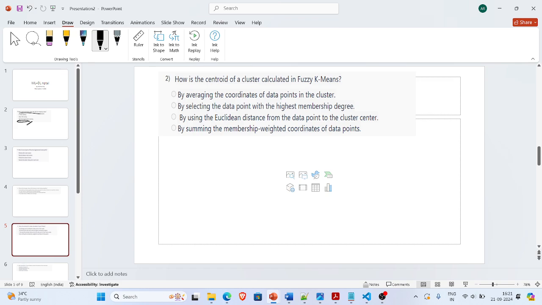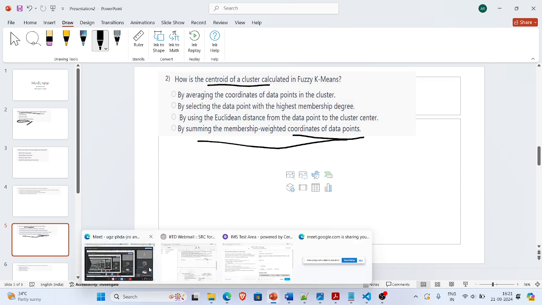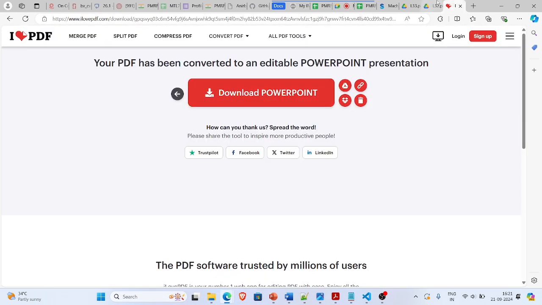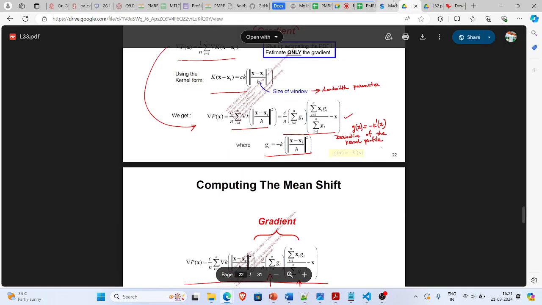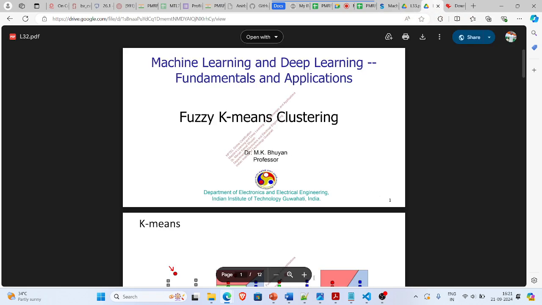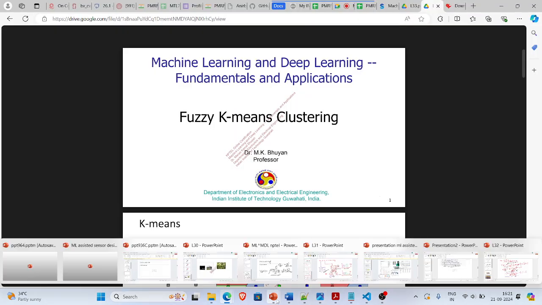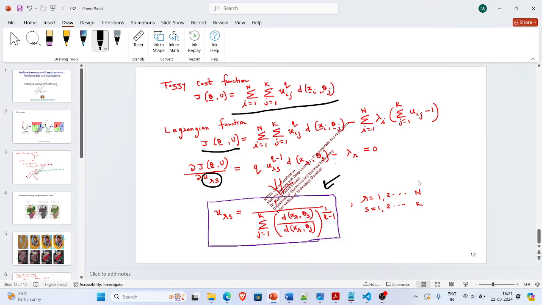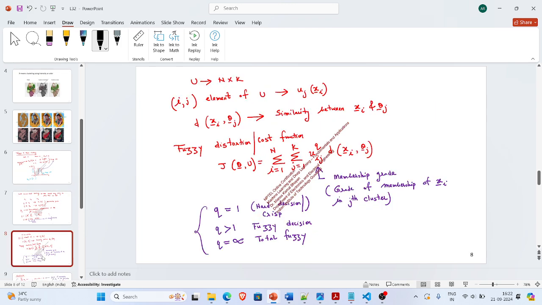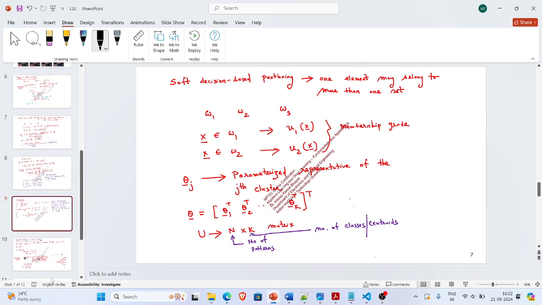How is the centroid of the cluster calculated? By summing the membership weights, where the membership weights are used as weights along with the coordinates of the data points. As I will show you here, this weighted mean is what we are talking about.